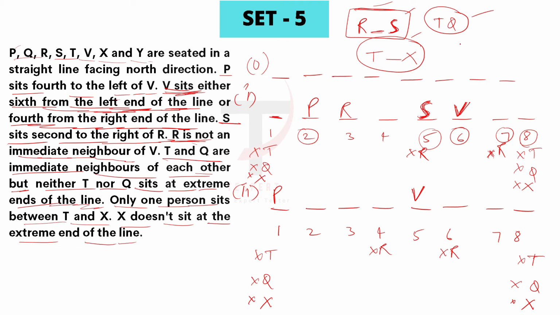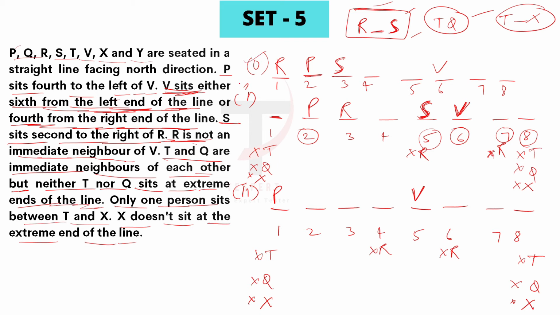Let me write this TX here. P is here, S is here, V is here. So now R is at position number 1, and S must be here at number 3. So we have three cases: case 0, case 1 and case 2.